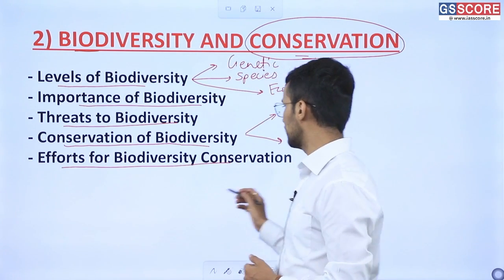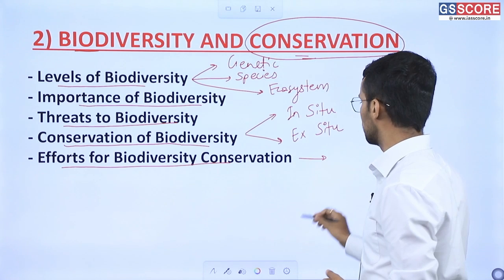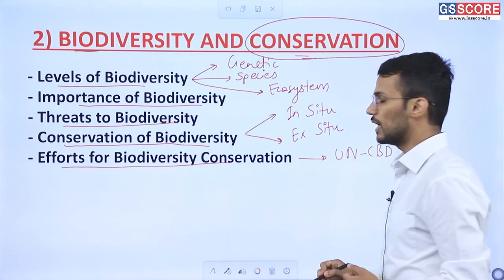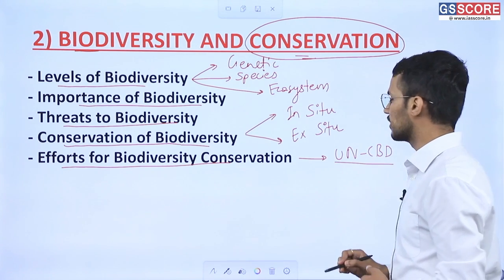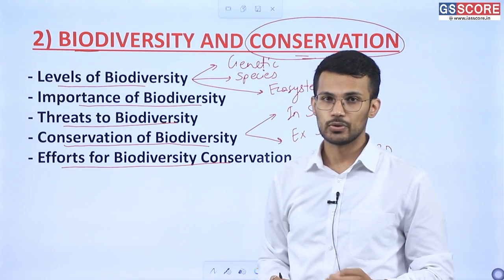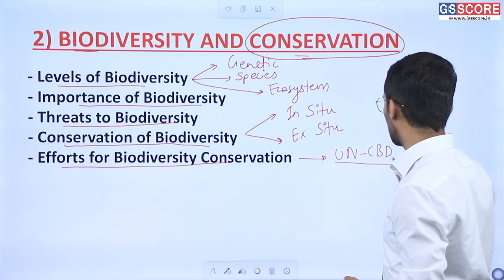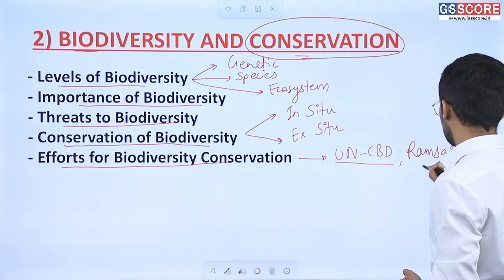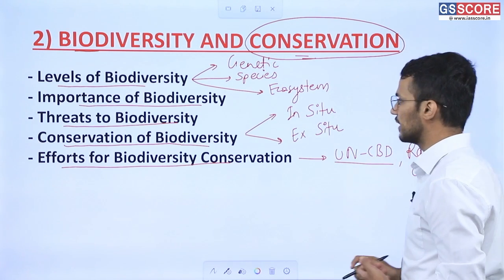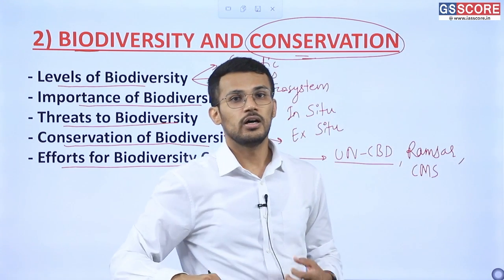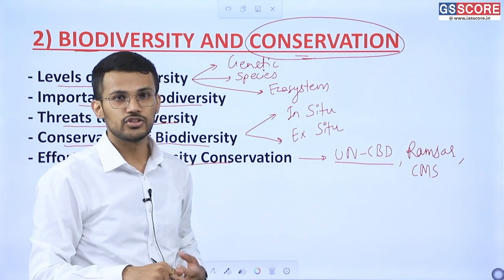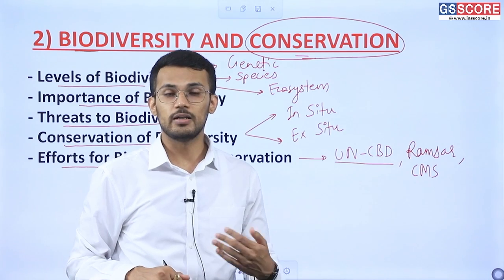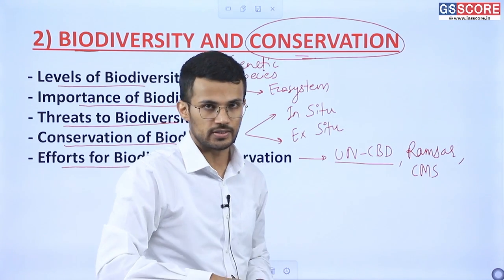For example, if we consider some international efforts, then UNCBD, United Nations Convention on Biological Diversity, is the most important convention for the conservation of biodiversity. Then other conventions are also there, like the Ramsar Convention, then CMS, Convention on Migratory Species, Convention on International Trade in Endangered Species. So many conventions are there which are helping us to conserve biodiversity, right?